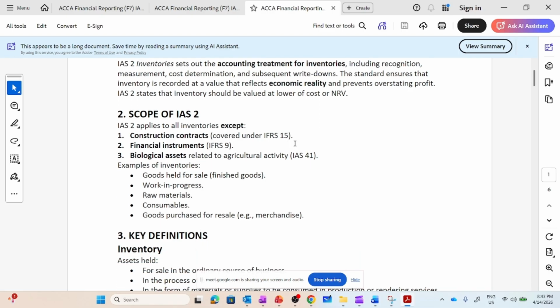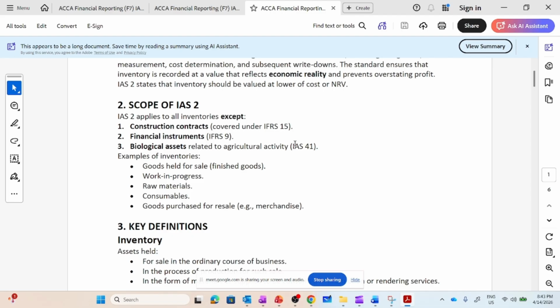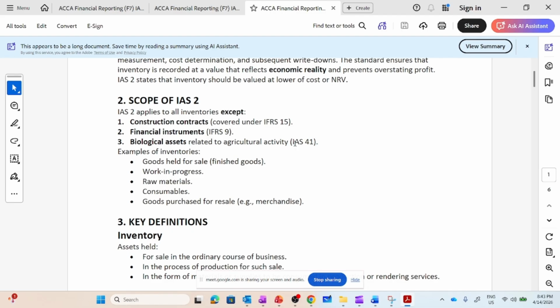Under IAS 2, we are not going to consider construction contracts. It is out of the scope of IAS 2; we are going to cover it under IFRS 15. Don't worry for now. IFRS 9, we are not going to apply it to IAS 2. For example, the banking industry, the financial instruments they hold, they can't use IAS 2 to account for; instead, we use IFRS 9.